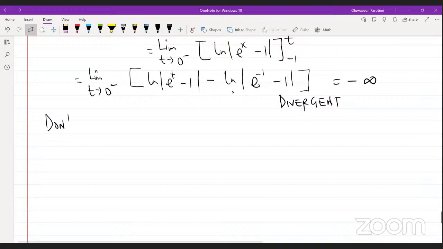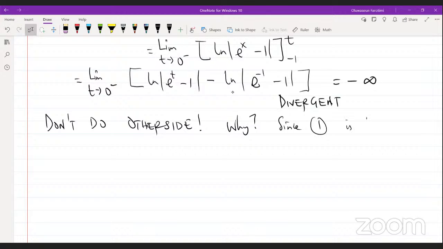So let me write, don't do other side. Why? Since 1 is divergent. You guys know what I call 1, right? I mean divergent, not different. So what's going to be my conclusion, guys?